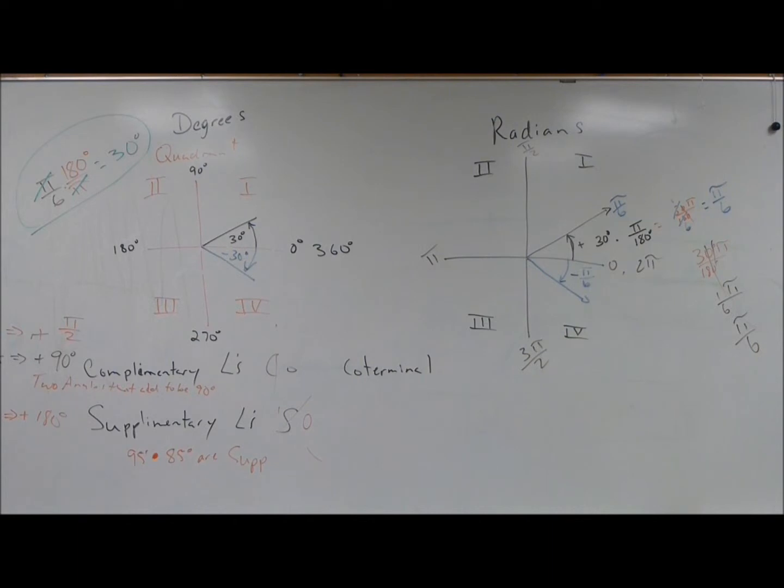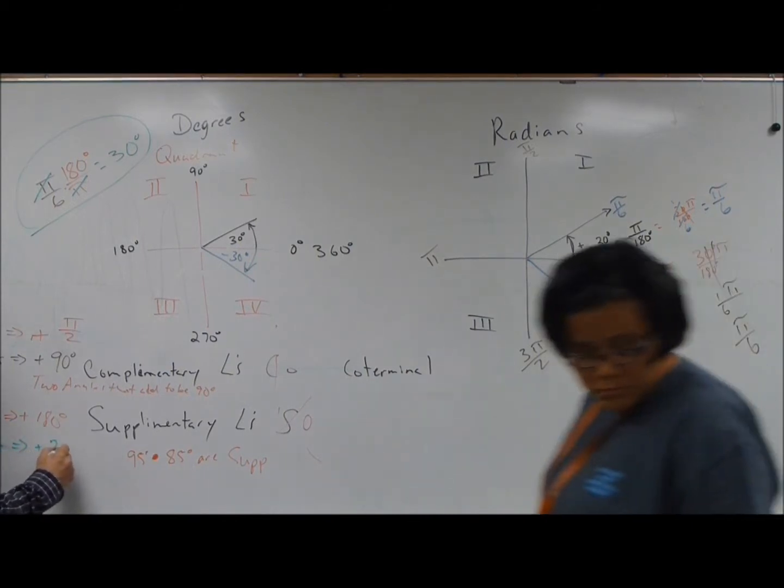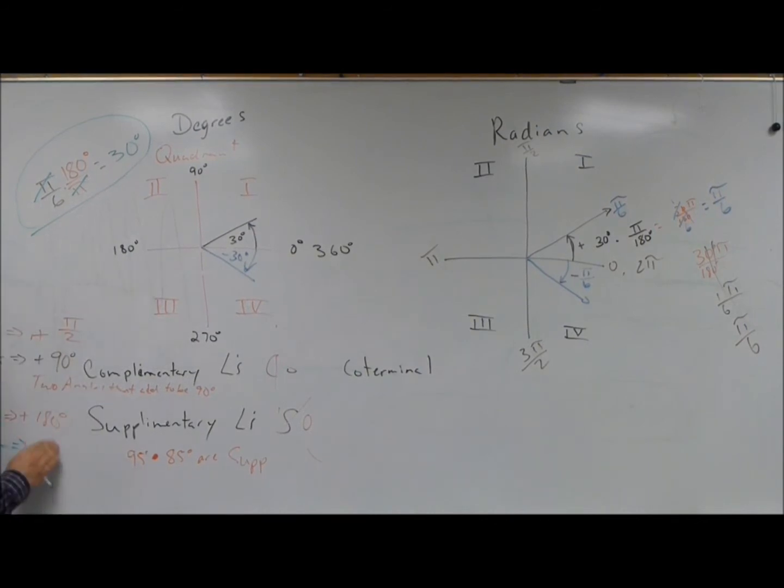Okay? Now, 2 angles that also add to be, not 2 pi, but pi, are what I'm looking for.